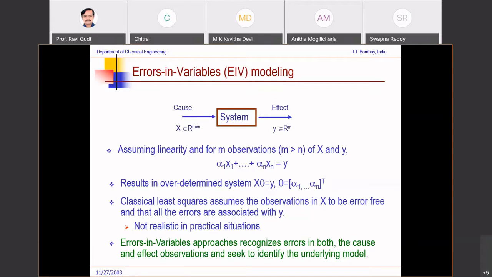So the smaller this matrix, the better it is in terms of the variance in your parameter estimates. This is what we discussed in the last class, and I had just begun to introduce what happens when X is also noisy, and then we ran out of time.